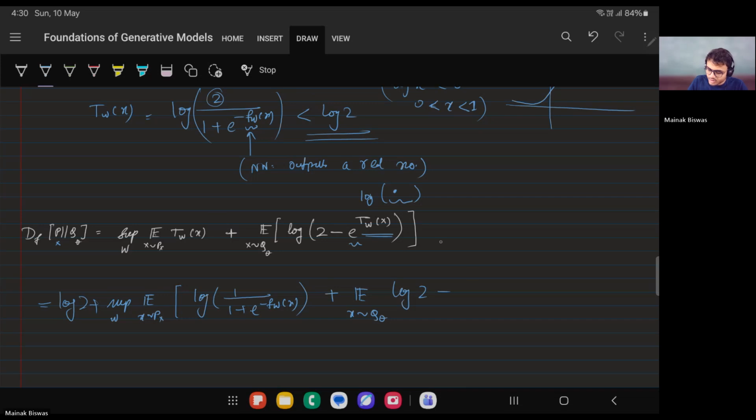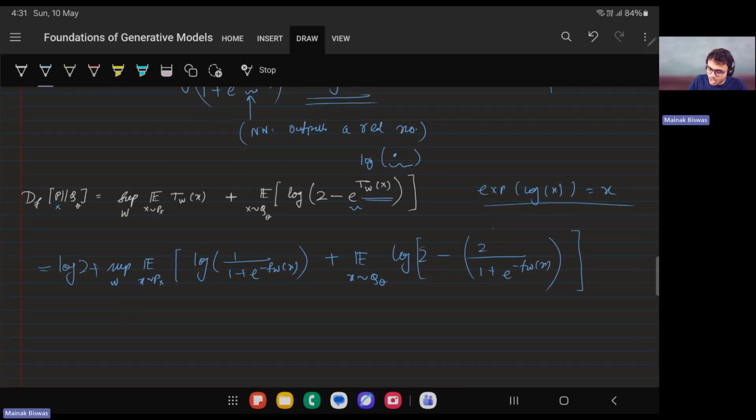So this value you can just put directly over here. The exponent of log of x is equal to just x. So therefore, I can just put 2 by 1 plus e to the power minus fw of x. Again, I will take this 2 common.